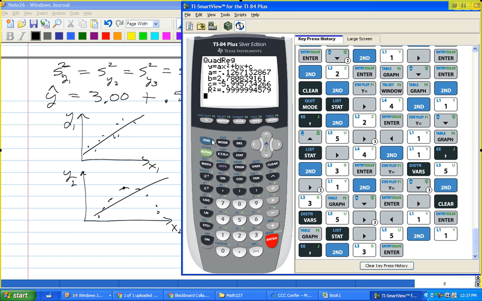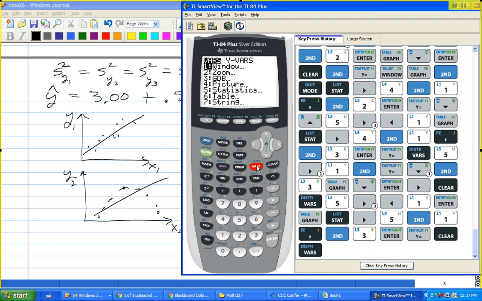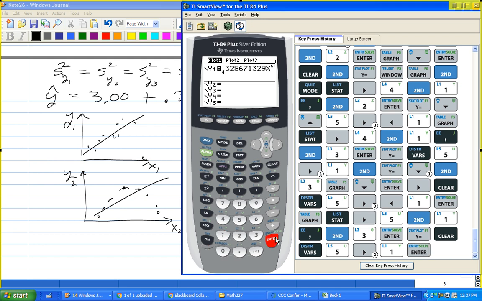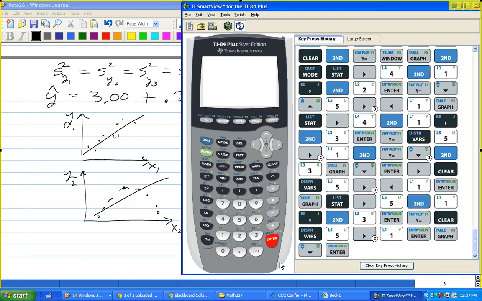Okay? And so, if I would have done that, clear it first, and then looked at my regression line, then if I would have plotted it, it would have looked much nicer. Sorry about that.